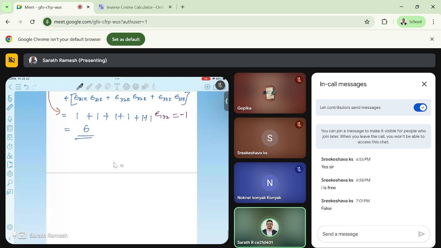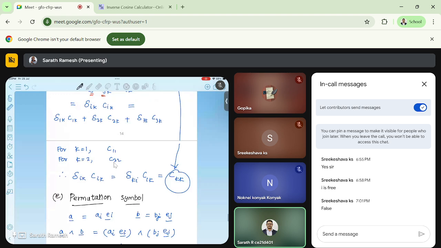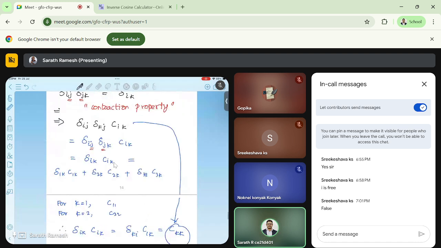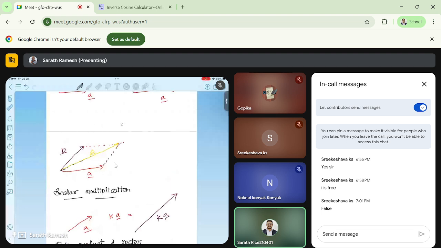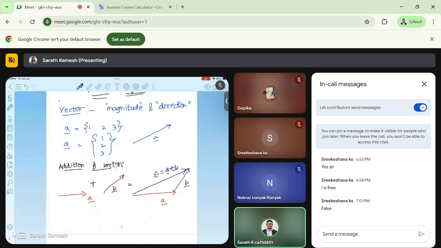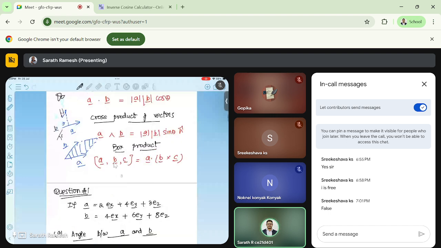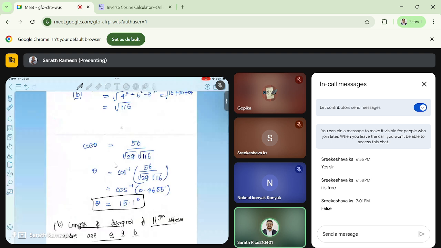So we are going to move to the final concept of the day. First we have seen vector algebra and how to solve problems in it. In vector algebra we saw addition, how to find the angle using the dot product, and how to find the length of the diagonal using the concept of magnitude, and we saw the diagonal is the addition of two vectors.